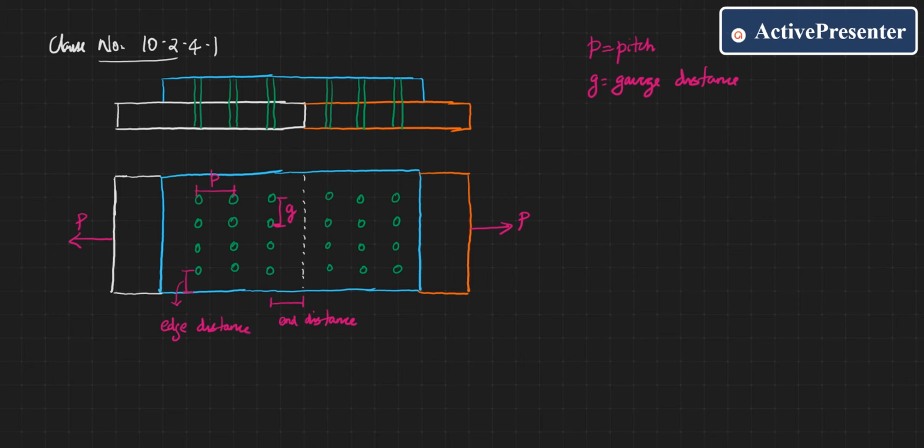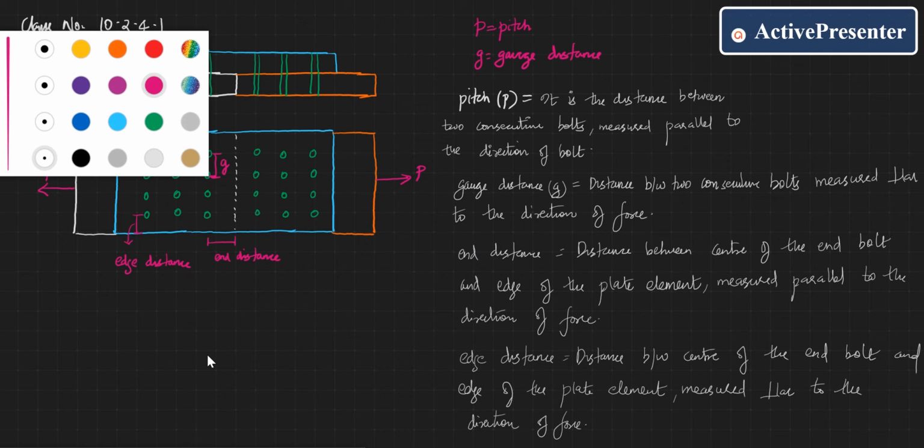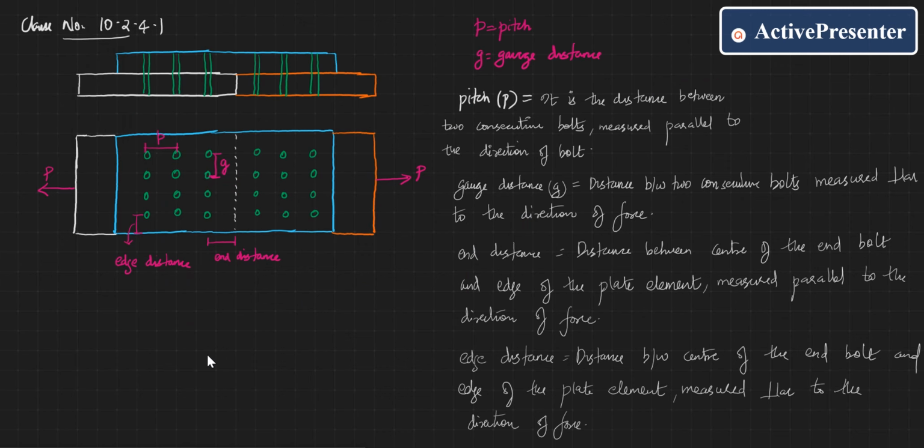So these distances I have said now are all taken from the center line of one bolt to the center line of the other bolt, or the edge or end of the plate. So the pitch is the distance measured between two consecutive bolts measured parallel to the direction of the force.